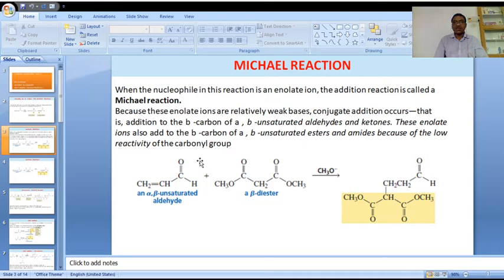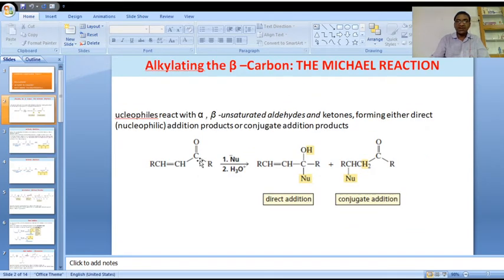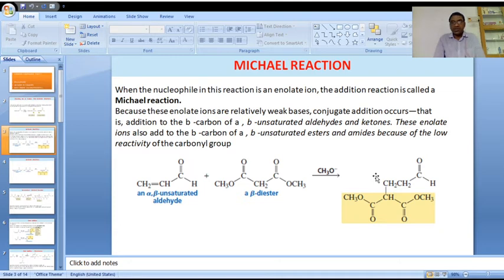Conjugate addition occurs. As we just discussed, the nucleophile attacks the beta carbon, the second pathway. This is the conjugate addition, because the generated enolate ion is a weak base, so it generally undergoes the conjugate addition process, that is, addition to the beta carbon.